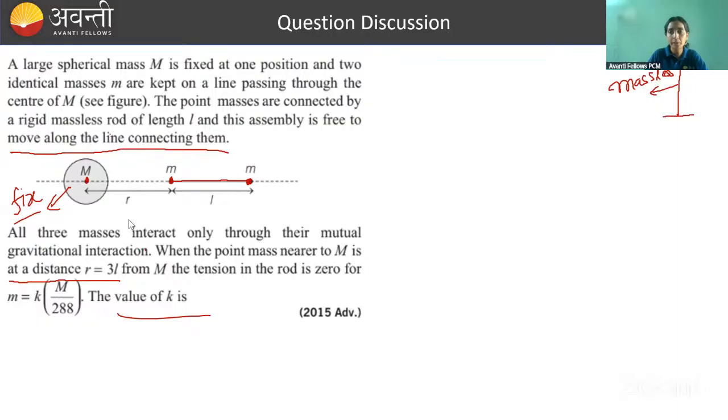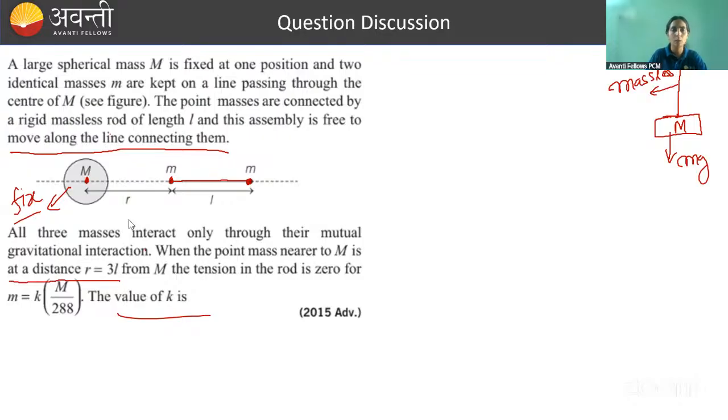But the moment you hang a mass M from one end of the string, this mass M will exert a force mg on the string, and hence the string will suffer some sort of tension. Done. And in that case, we will say there is tension in the string. So tension arises in the string if something is trying to stretch it or compress it, that sort of tendency is there, right? So let's talk about this scenario here.